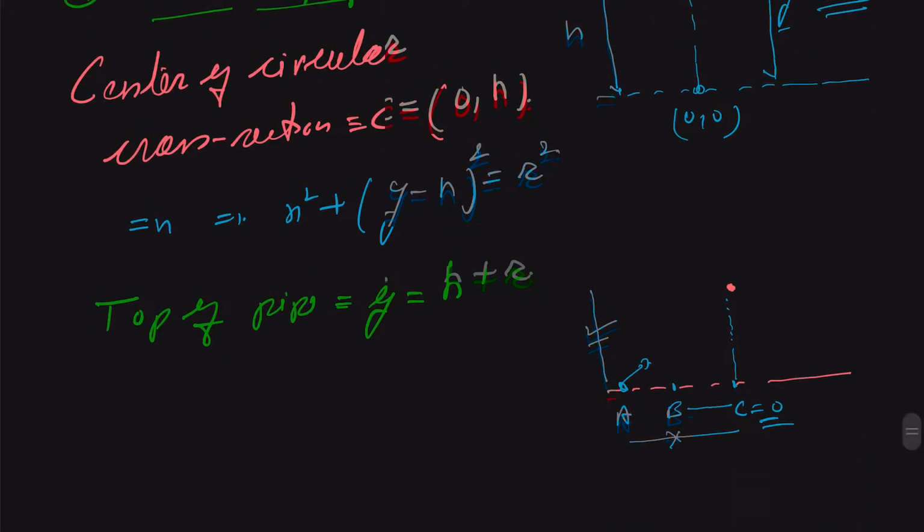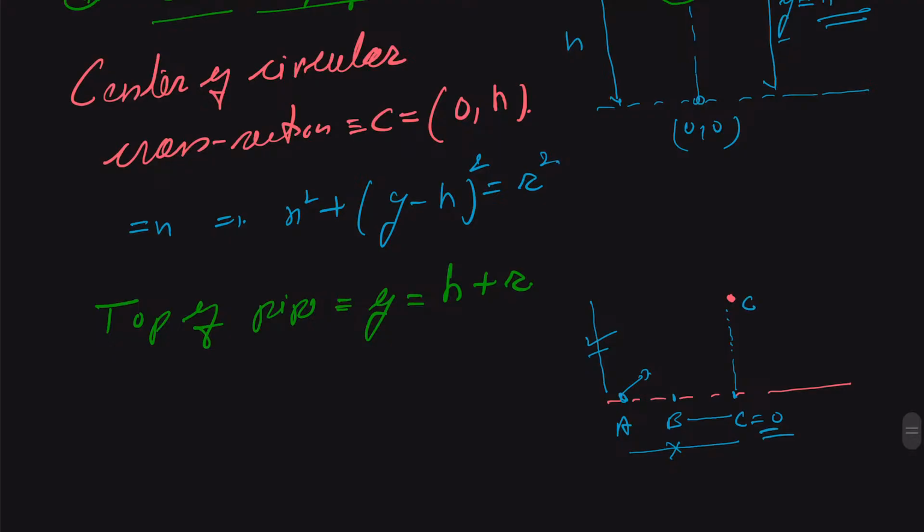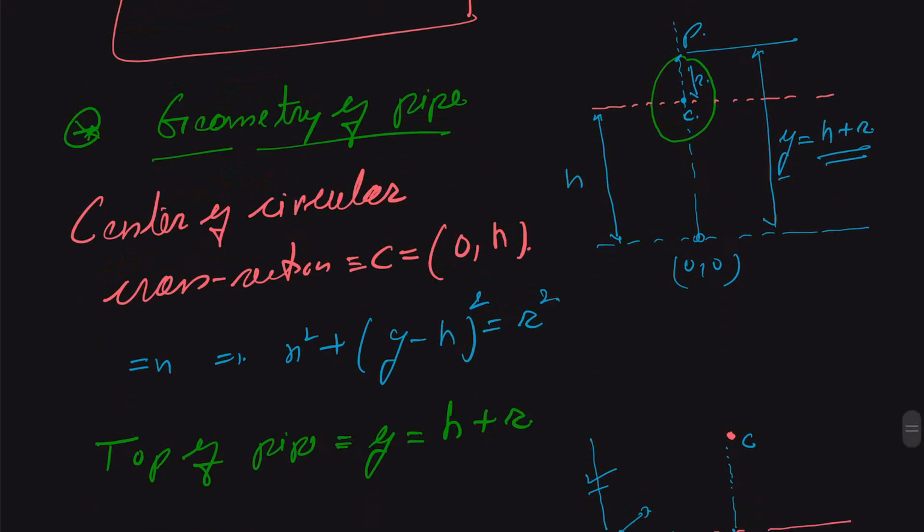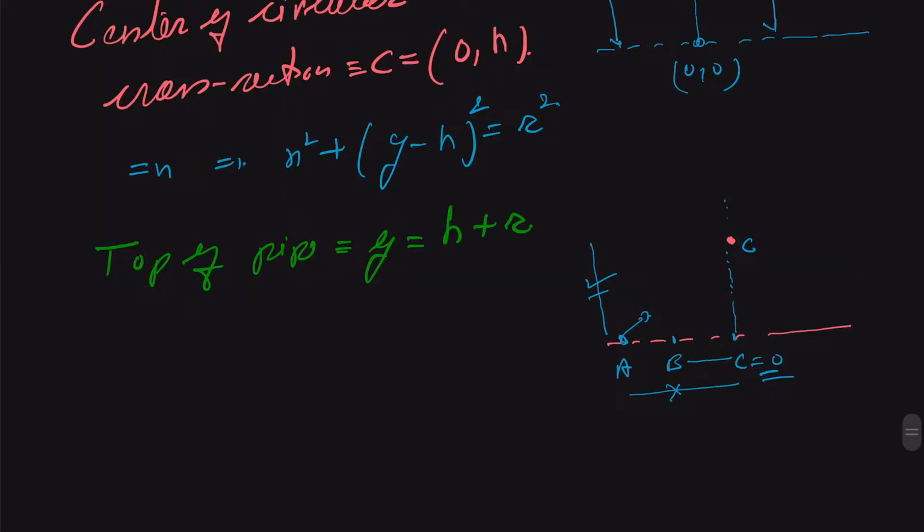This is our pipe center, and the highest point is, let us suppose, P. So this highest point and C are going to coincide with each other. We are interested in this highest point. Let's call this C prime, so it is different from C. For minimum speed, our launch point should be just below our center.